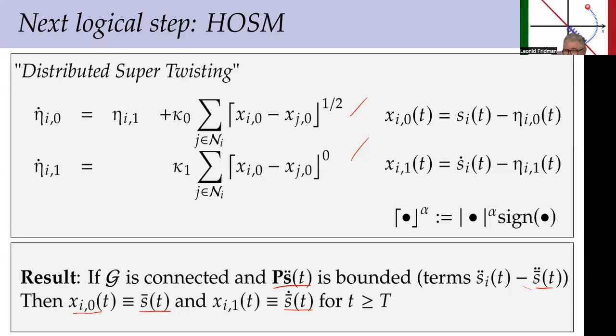Yes, yes. Okay, so you do that because you want to estimate not only the signal, but also all derivatives up to some point. Yes. Okay.